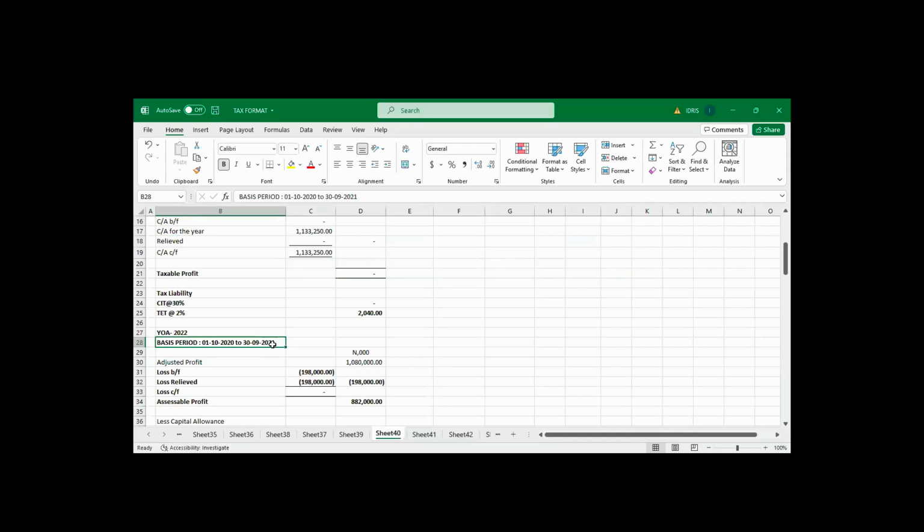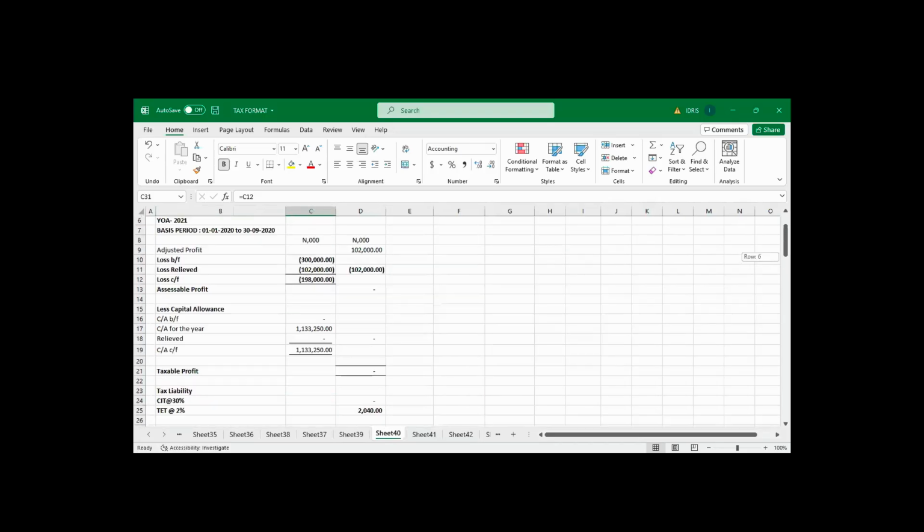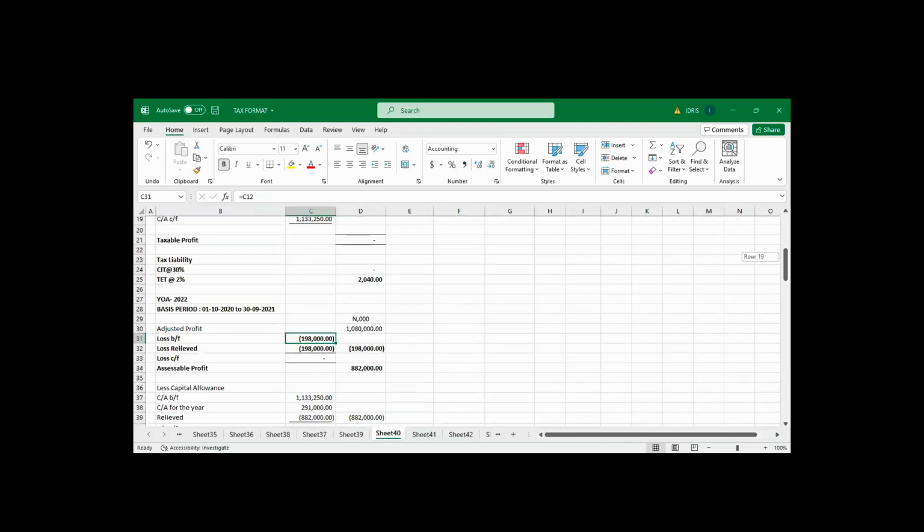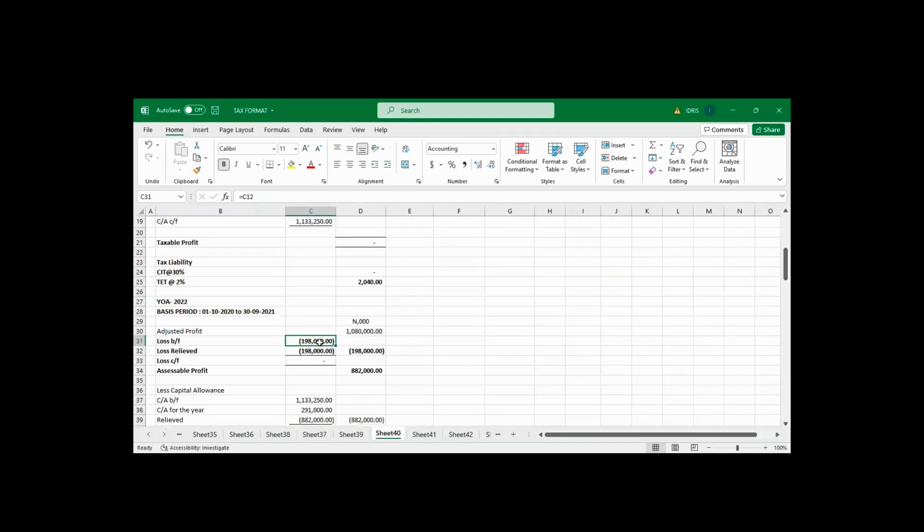So the adjusted profit based on this is 1,080,000. I have a loss brought forward. How much is the loss brought forward? The loss that was carried forward in 2021 year of assessment.